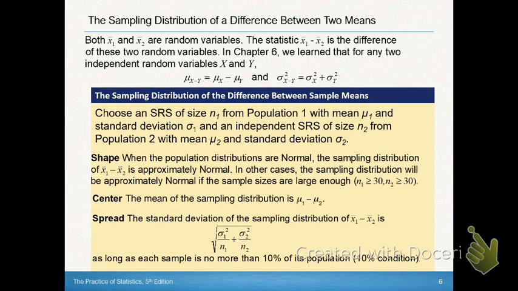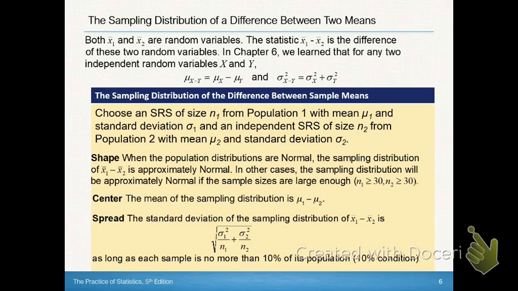And in terms of shape, we've got some rules from previous sections, where either we need to know that both of the original populations were approximately normally distributed, which in this case we did in the stem of the problem with the heights of the girls and the boys that was given to us. But if we don't know that, we would use the central limit theorem. We would just check both populations.